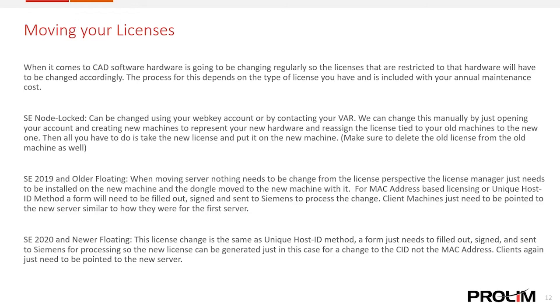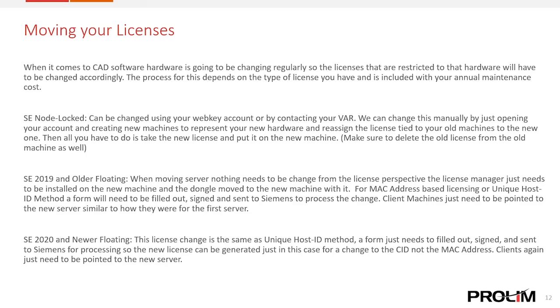So for the MAC address based licenses and the CID based server licenses, you have to use the license change request form, which you would contact either Siemens or your VAR to provide for you. And they would send you a document, or might fill it out for you if you send them the information.